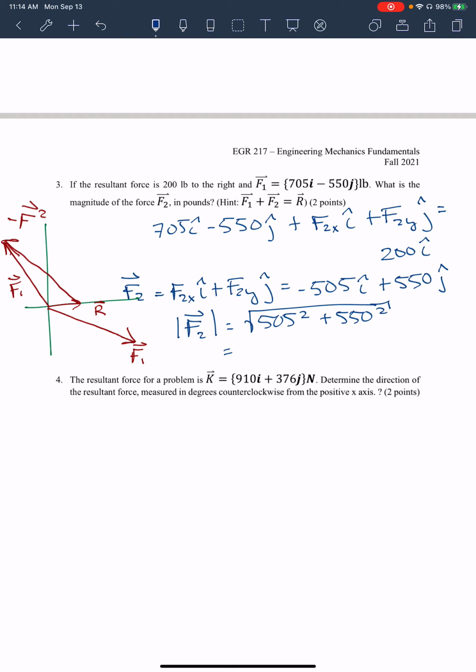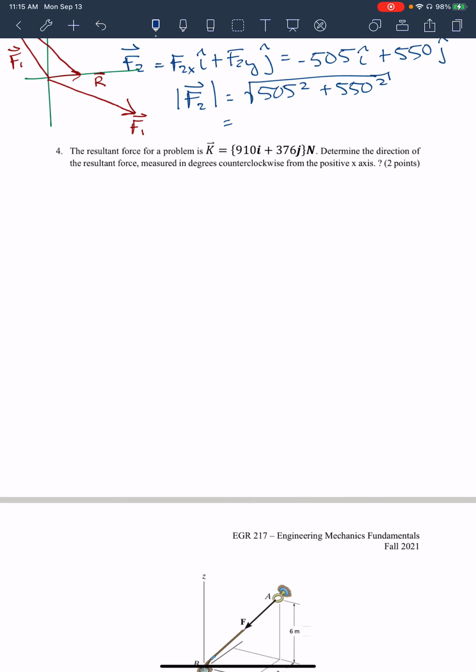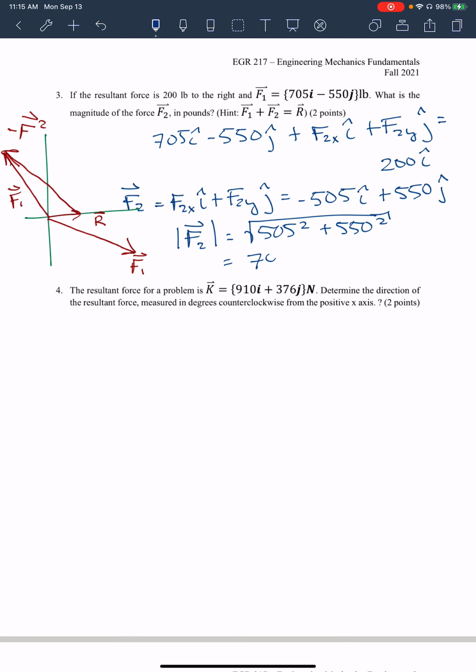To do that really quickly on a calculator, you get 746.7 pounds.